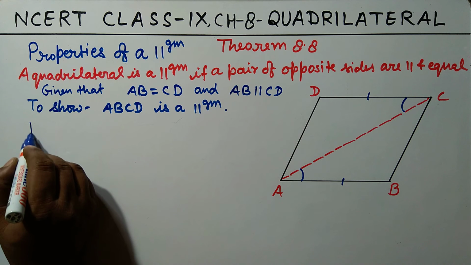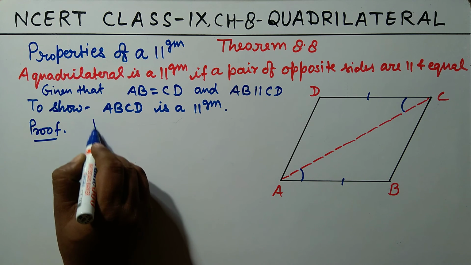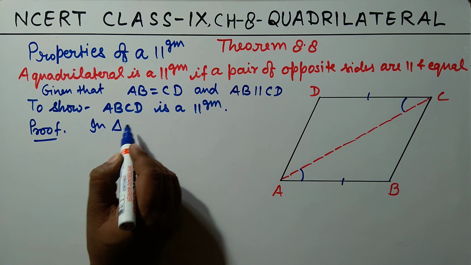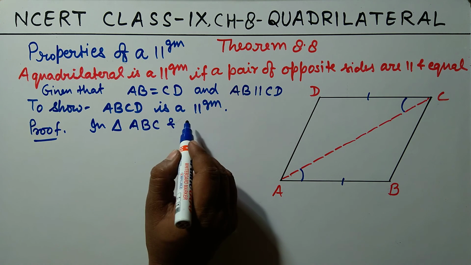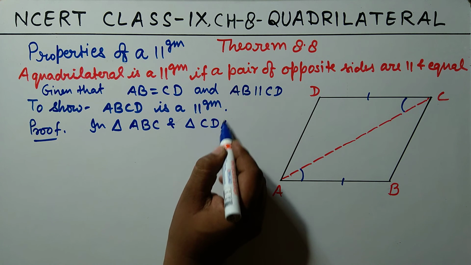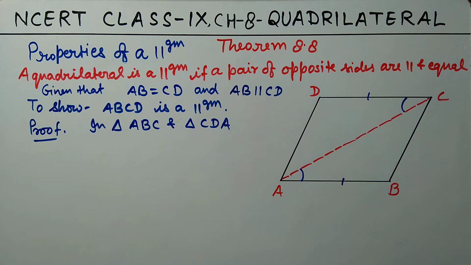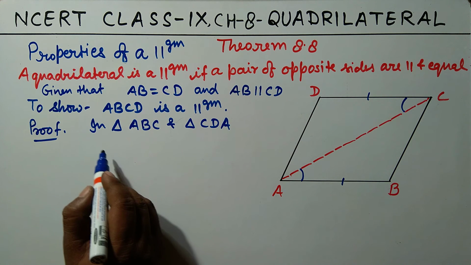So in the proof part, let us discuss in triangle ABC and triangle CDA, what is equal?